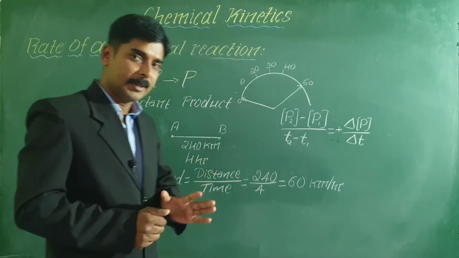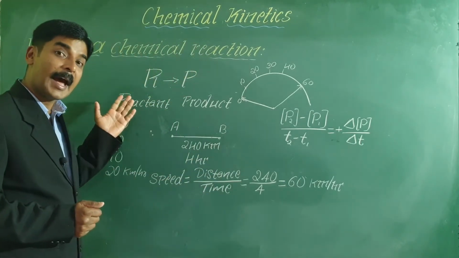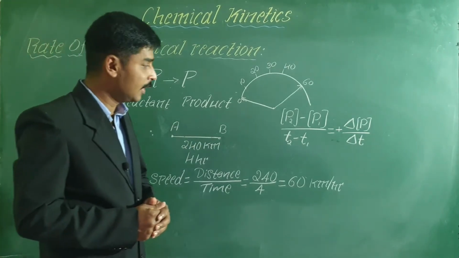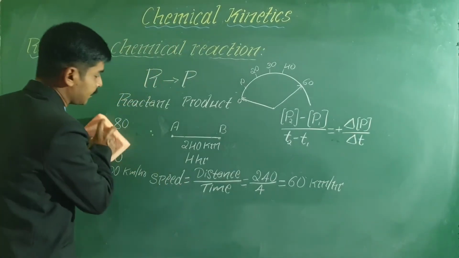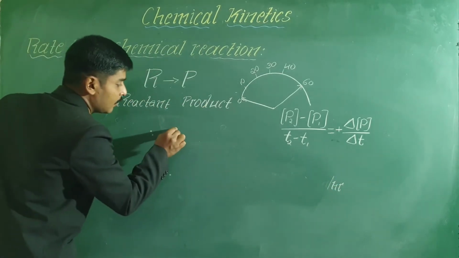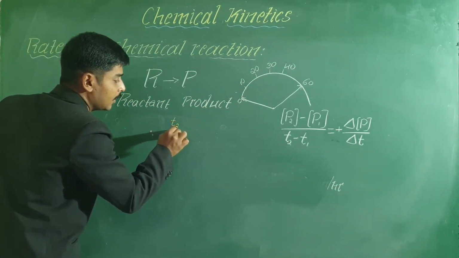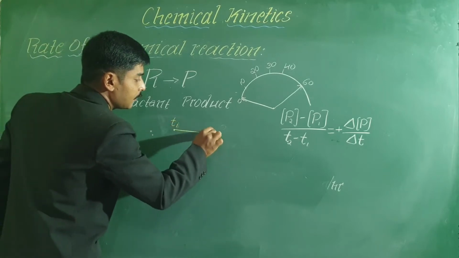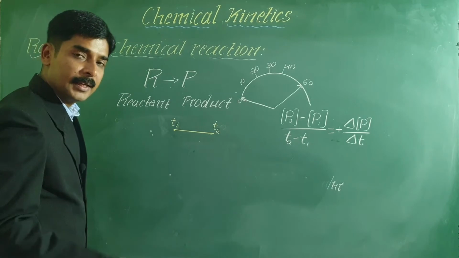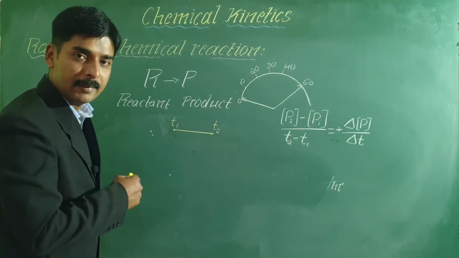Then similarly, in case of average rate and instantaneous rate of a reaction, when you calculate the rate of a reaction for a large interval of time, then it is called the average rate.